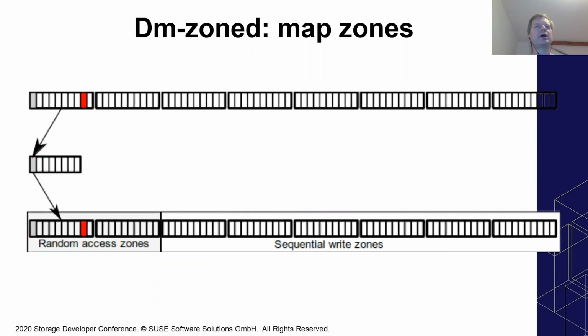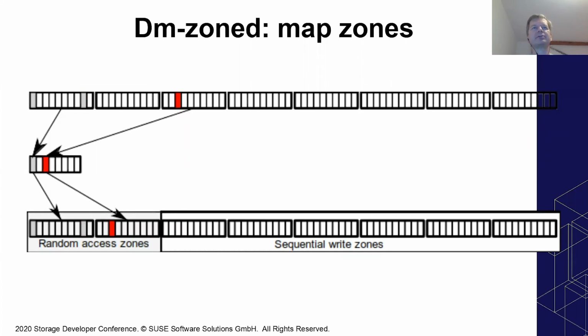If we now write another block into the very same zone, we don't need to change the mapping, as it's the same zone, and we can just copy the block to the mapped random access zone. If we start writing to another block, this time in another zone, we first again need to set the pointer in the mapping table, set the mapping to another random access zone, and copy the data into that random access zone.